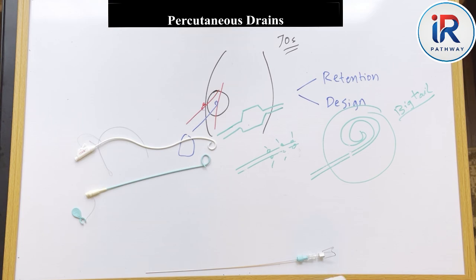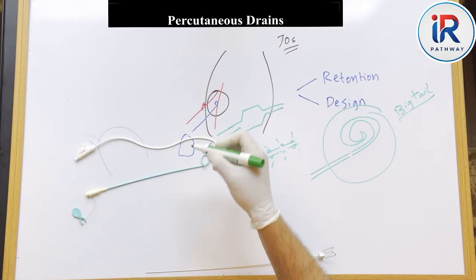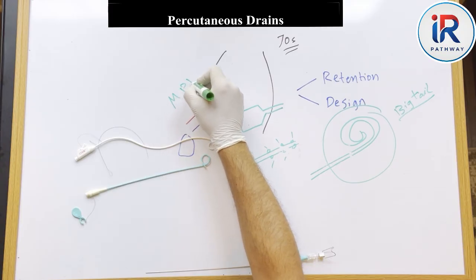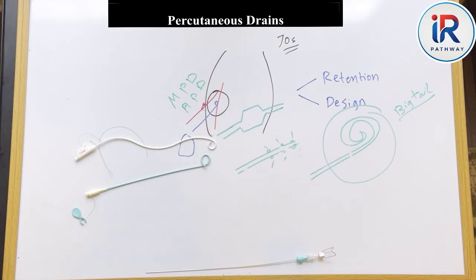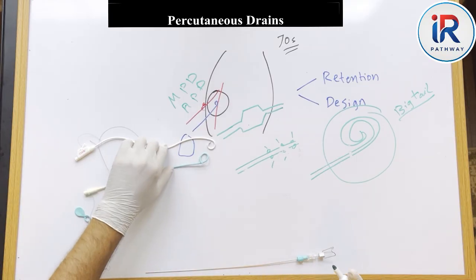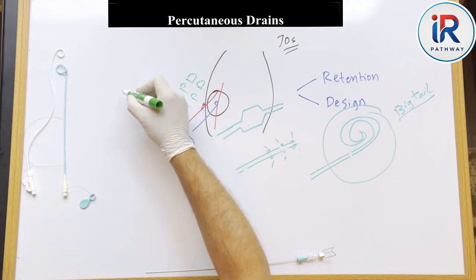I want to say that all these types of drains fall under a generic category called multi-purpose drains, or MPD, or all-purpose drains, APD. They are called so because we can use them for many situations.